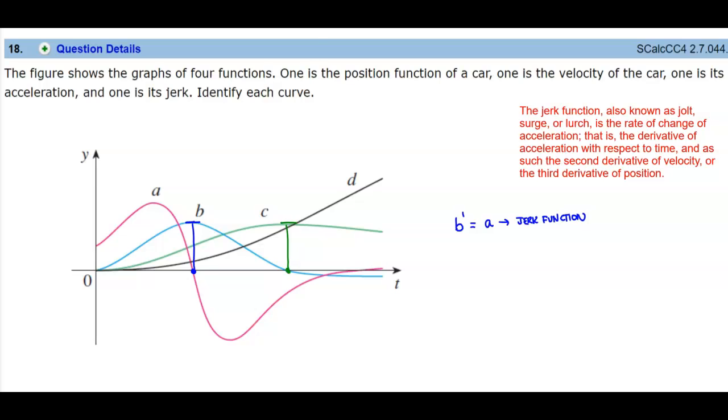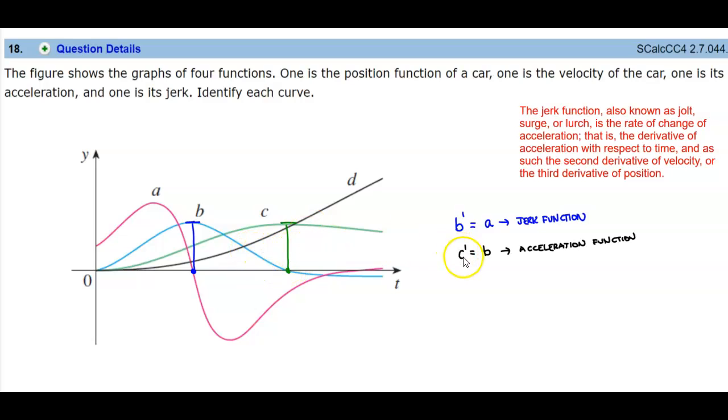So therefore, we would then say that C has the derivative equal to B, and again, B is going to represent the acceleration function. Which then means what?